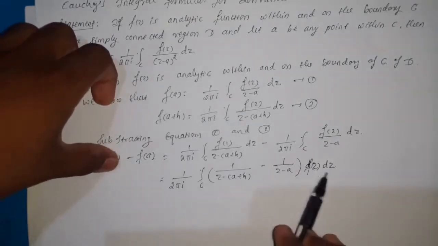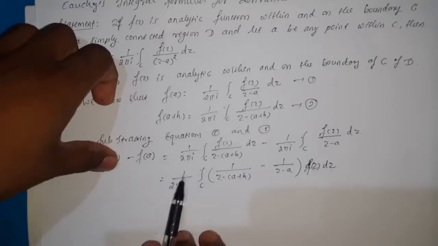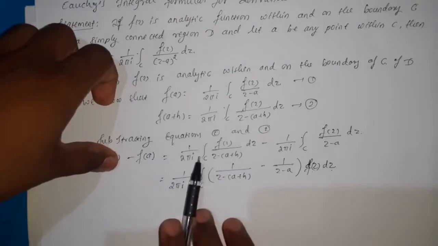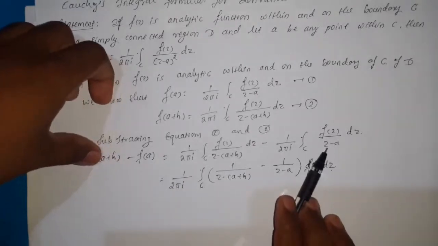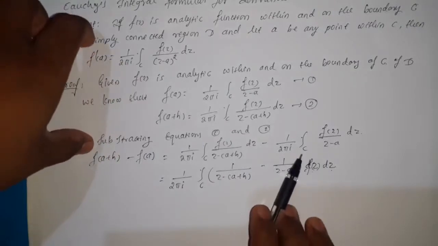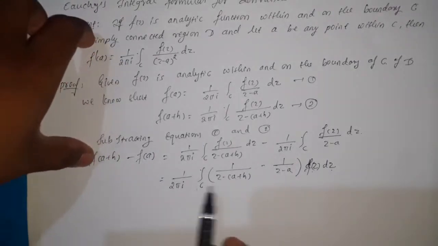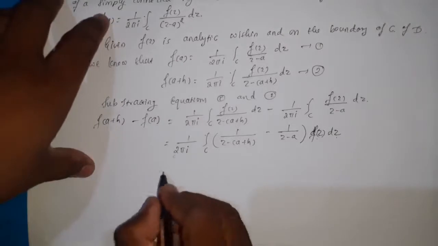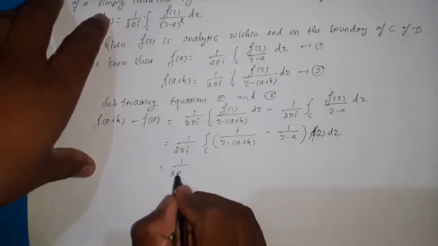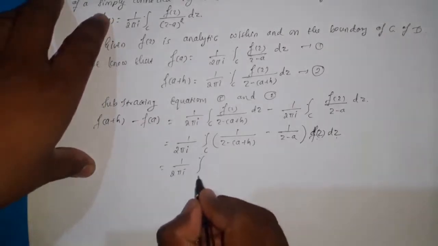So here we have taken f of z dz common and 1 by 2 pi i common, and both the integrals are having the same curve C, so therefore integration over C is also common.